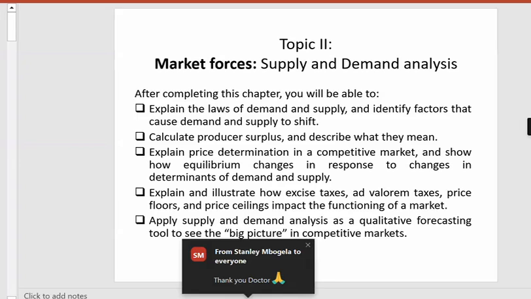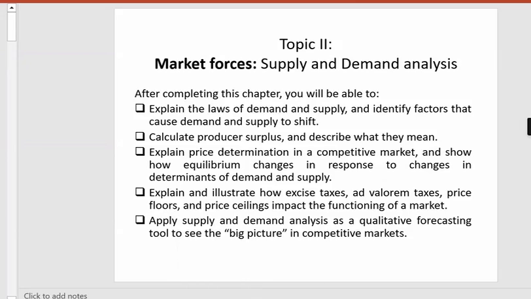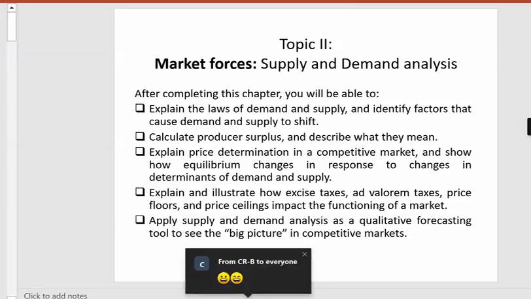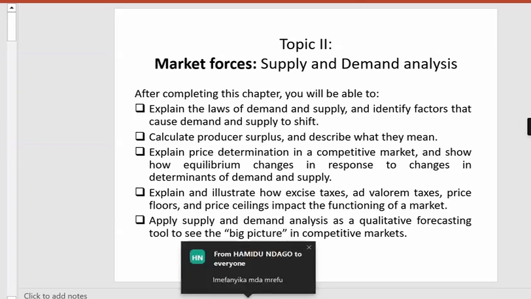Mbona tushachelewa? Tushasubmit. Dokta, hiyo kazi ishafanyika na deadline watu walishaambiwa na tulikumbushana kwenye grupu. Labda kama mtu alikuwa hajaingia kwenye mudo na hajaingia pia kwenye grupu. Kama yeye alikuwa hajafanya aombe excuse hapo, uone namna ya kumsaidia. Yeah, itabidi anicontact hapo.